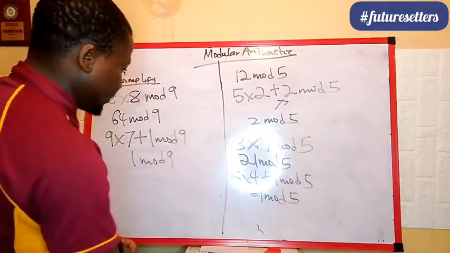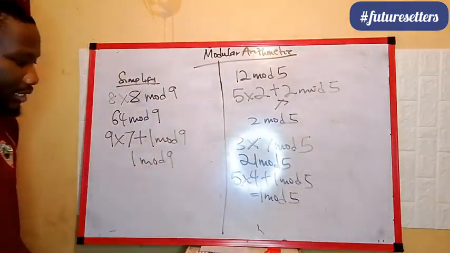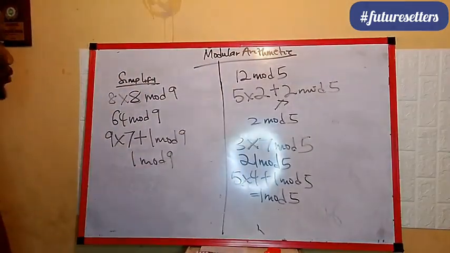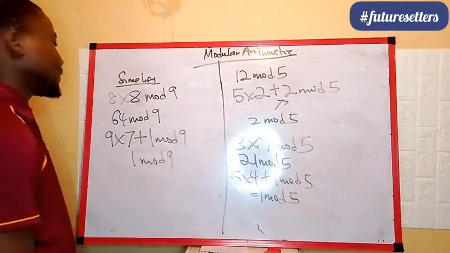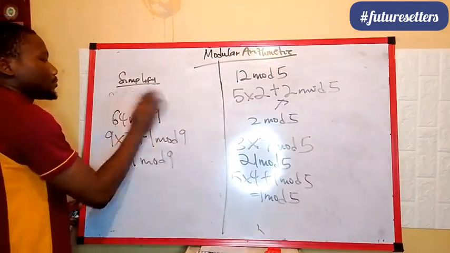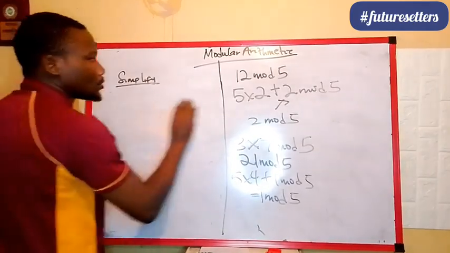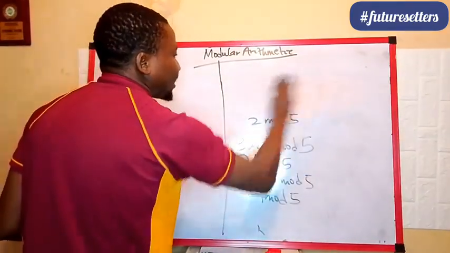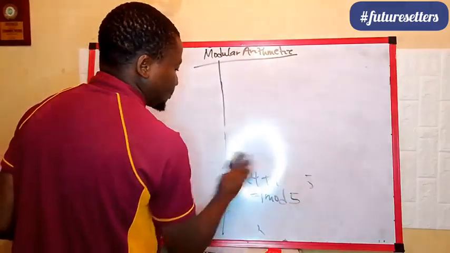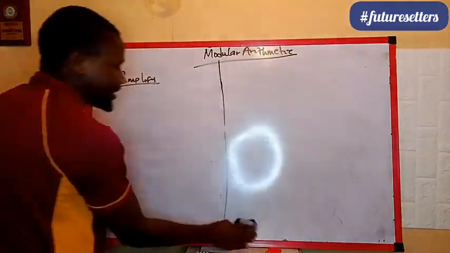Then a situation where we have division now. We're going to try out division questions together. So we have some questions on division, and we'll check them together and see what we can get out of it. Division in modular arithmetic is not difficult.